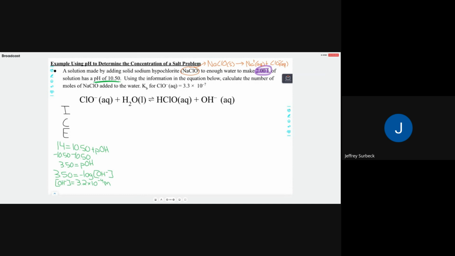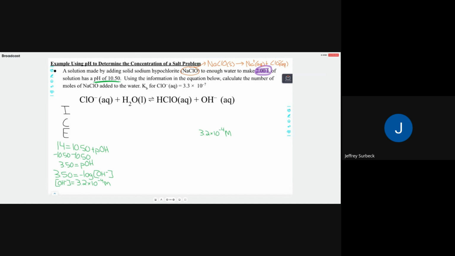That is our equilibrium amount of OH-. So I'm going to take the time here and say this: we have 3.2 times 10 to the negative fourth, capital M. Now think about the chemistry that's happening. We dissolve the sodium hypochlorite and we start out with some amount of ClO-, which I don't know yet.